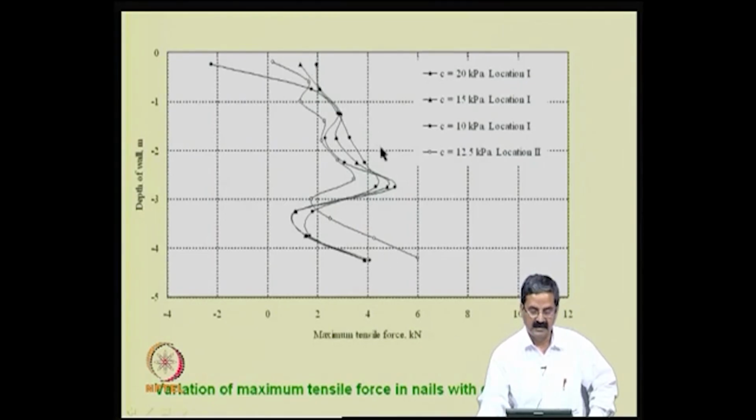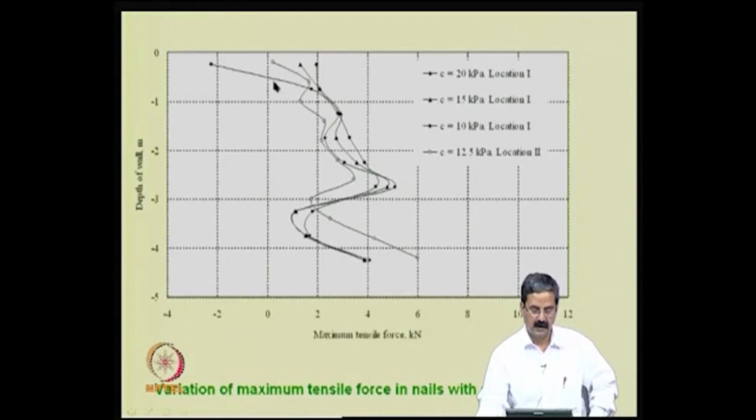So, depending on location, though the design is based on the same lines, because small changes in earth pressures are there and C values are also different, you can see that the pattern of tensile forces is different.